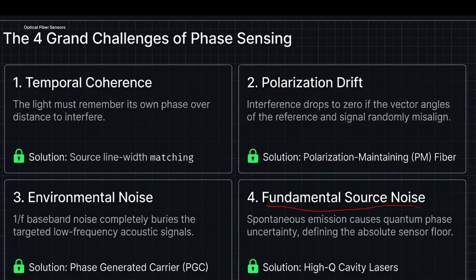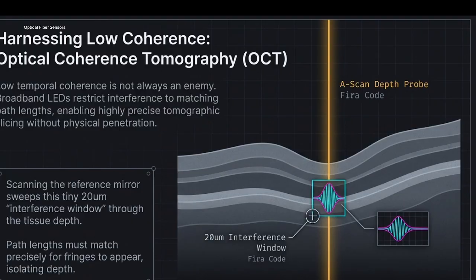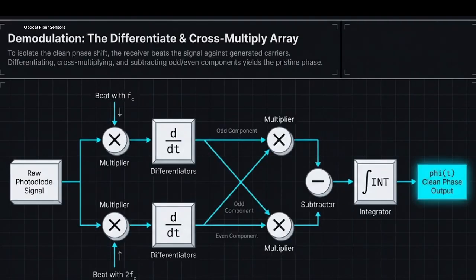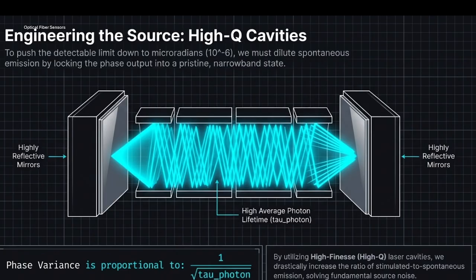Along with that, sometimes spontaneous emission, like a normal broadband light, also can come. So to avoid that, we need to use high Q cavities.